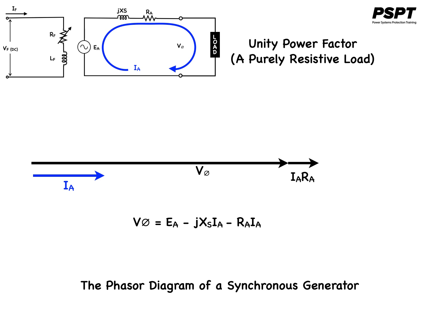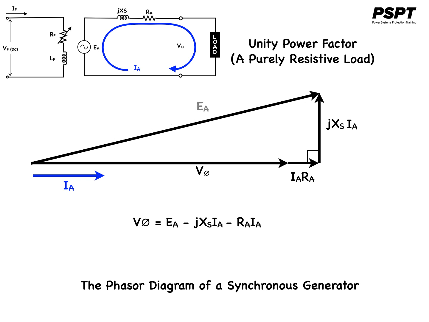We are now summing the voltage phasors according to Kirchhoff's voltage law. Because the internal reactance is inductive, the voltage will lead the current by 90 degrees, and it is expressed as jXSIA.